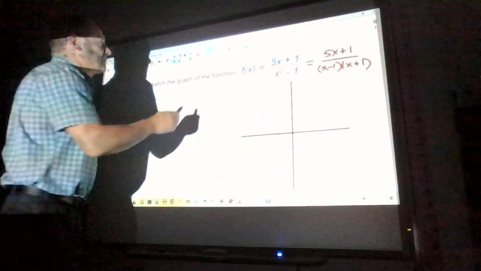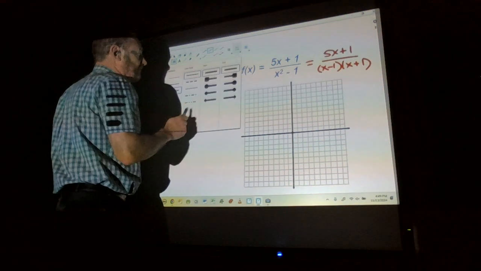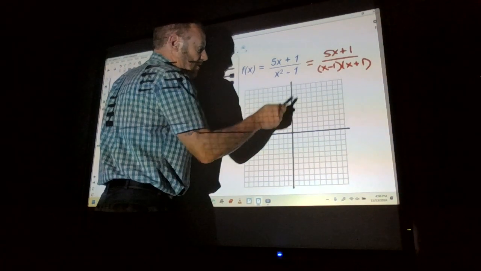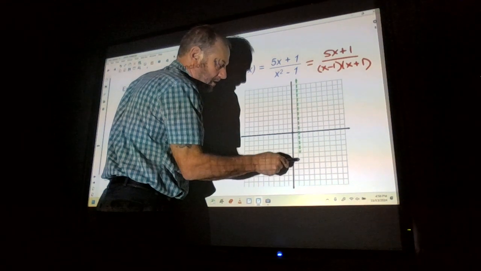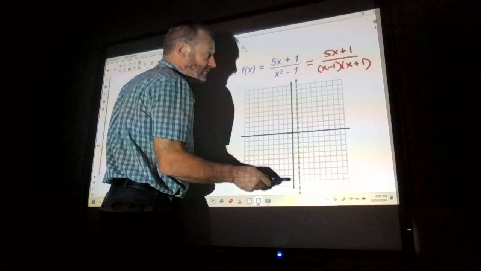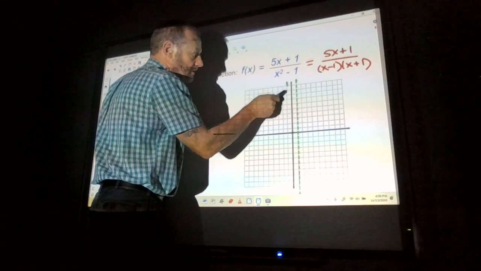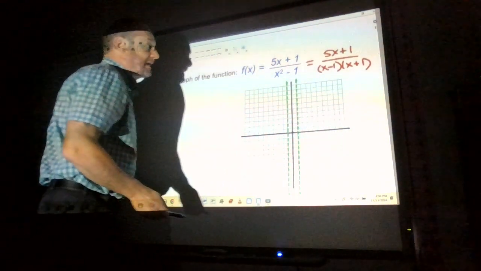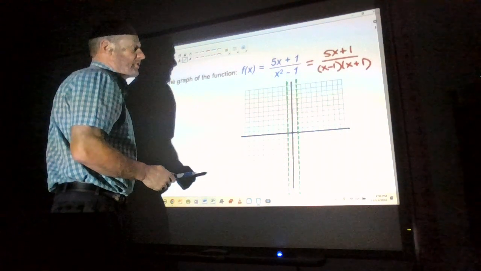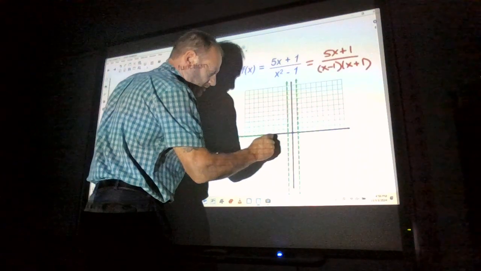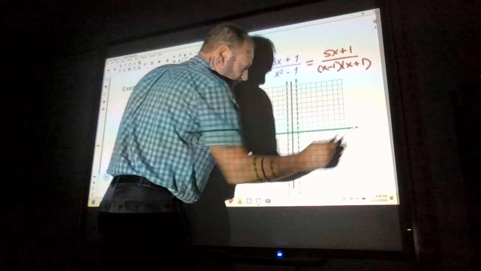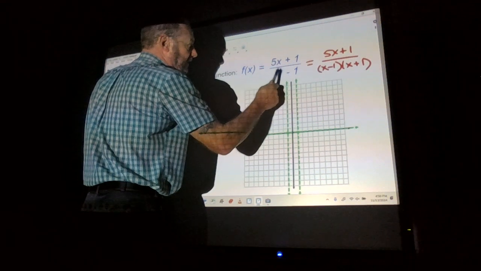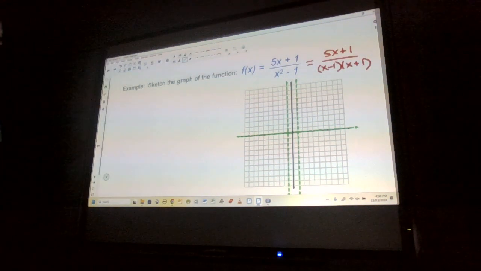So that tells me that this thing is going to have a vertical asymptote at 1, and it's going to have another one at negative 1. Okay, it's also going to have a horizontal asymptote at 0 because the degree of the numerator is 1 less than the degree of the denominator.